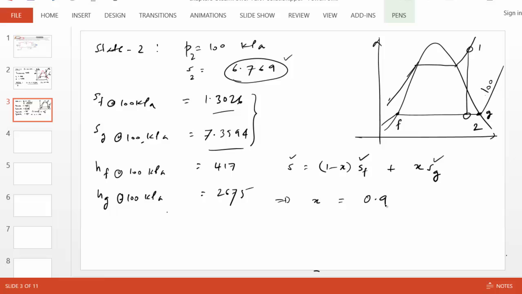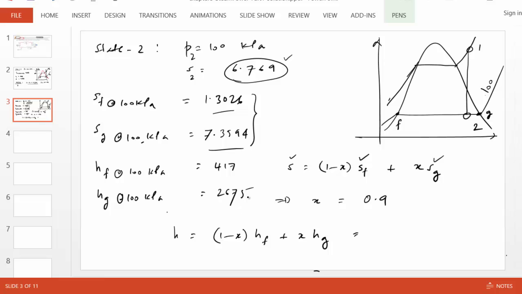Now that we know X, and we already determined Sf, Hf and Sg, therefore H we can also find as (1 minus X) times Hf plus X times Hg. Again, a weighted average of the enthalpy at the f and g states.